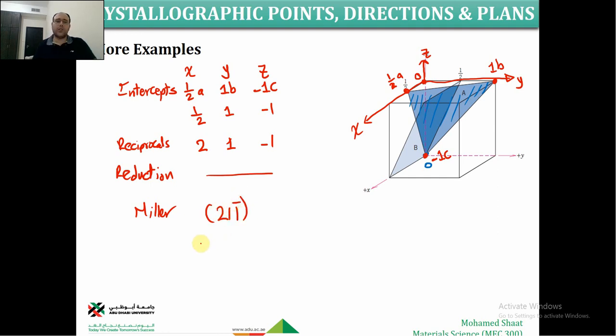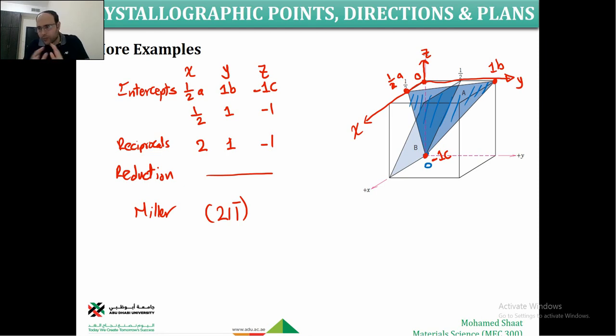We agreed that the negative should be put as a dash on top of the number. Make sense? So this gives us the Miller indices for crystallographic plane A. So this is simply how we can identify the 3 Miller indices for a crystallographic plane that belongs to all the crystal systems except the hexagonal crystal structure.